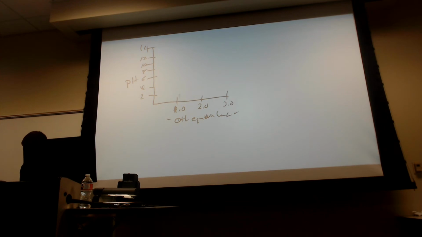So for instance, let's say I have a peptide. And it's just a tripeptide. We're just going to make an easy one here. Okay? And I'm going to draw it in its fully protonated form. Okay?